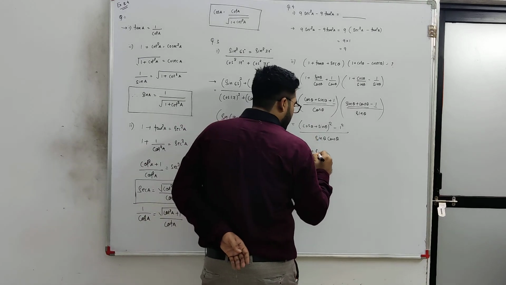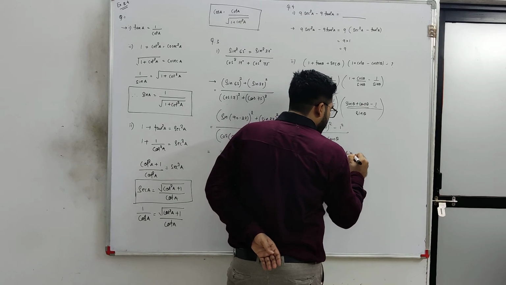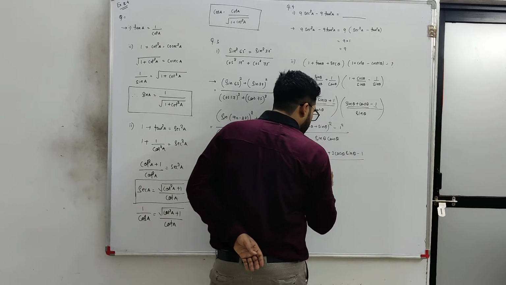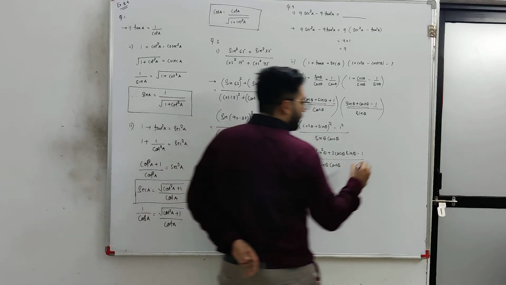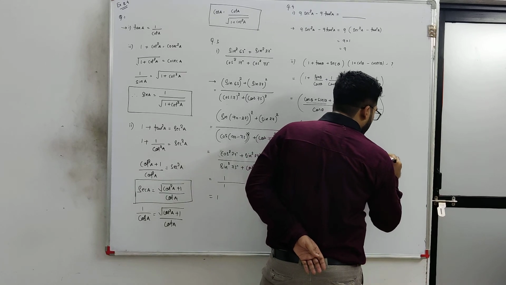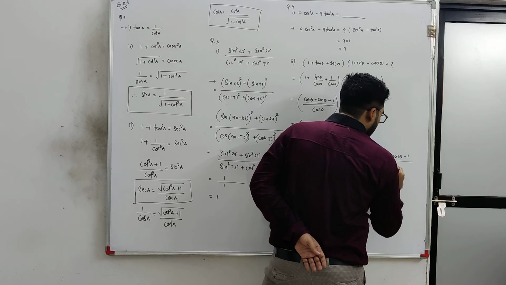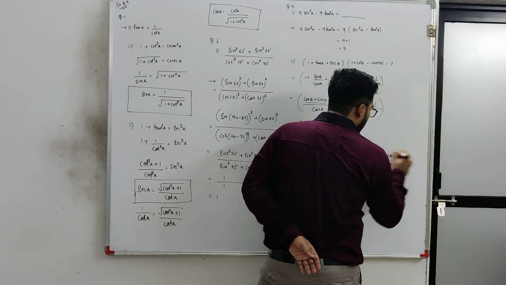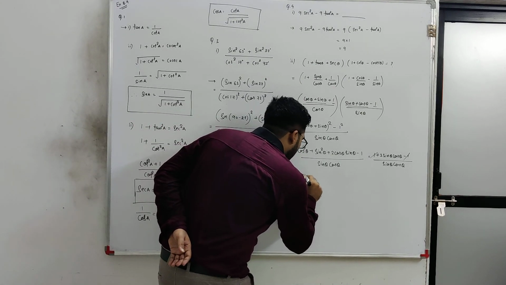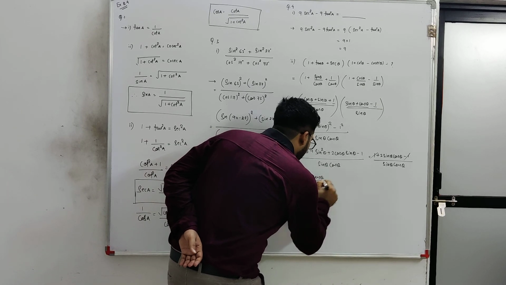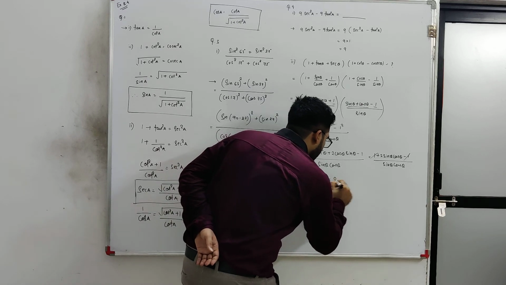So cos square theta plus sine square theta plus 2 cos theta sine theta minus 1 divided by sine theta cos theta. Here cos square theta plus sine square theta is equal to 1. So 1 plus 2 sine theta cos theta minus 1 divided by sine theta cos theta. Here plus 1 minus 1 cancel. So I got 2 sine theta cos theta divided by sine theta cos theta. The answer is 2.